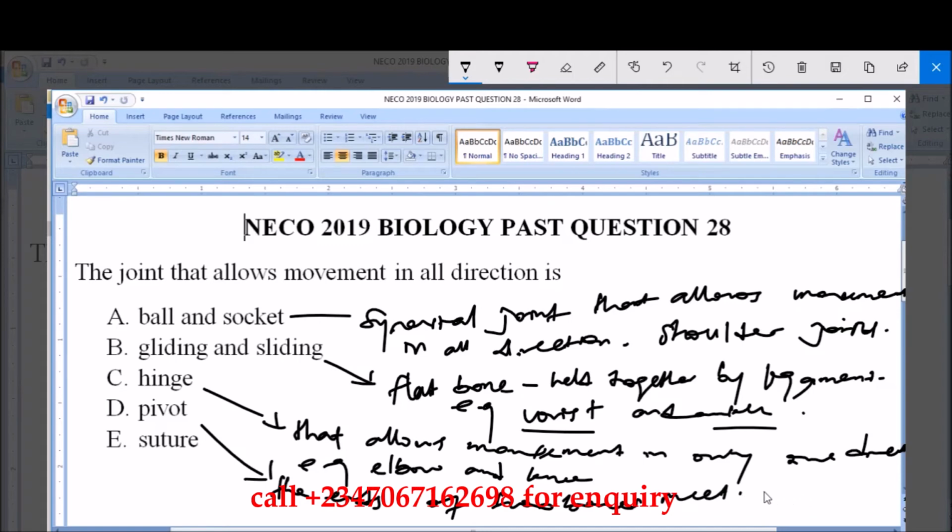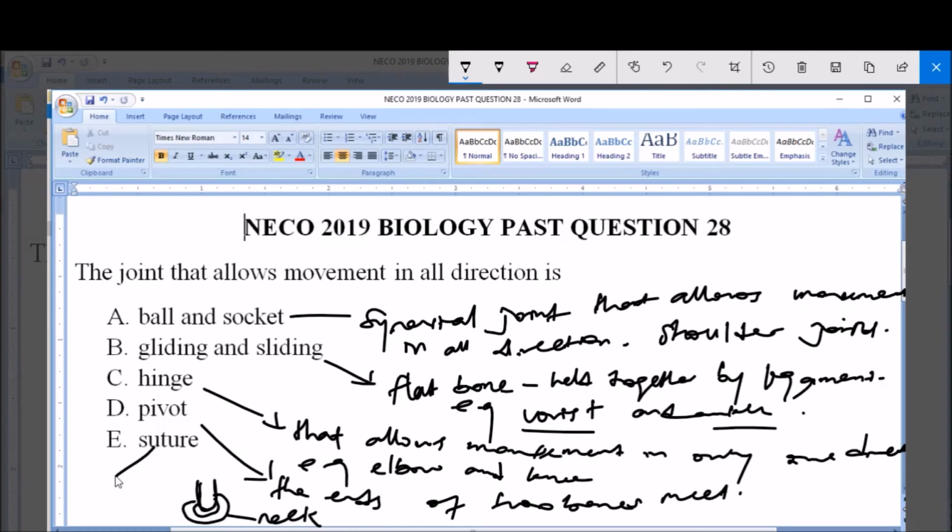So we call it a pivot joint. Take for instance one end of the bone like this forms a central cylinder, and then the other bone forms something like a ring like this. An example where you can find this pivot joint is in the neck. The neck is a typical example where these pivot joints can be found.